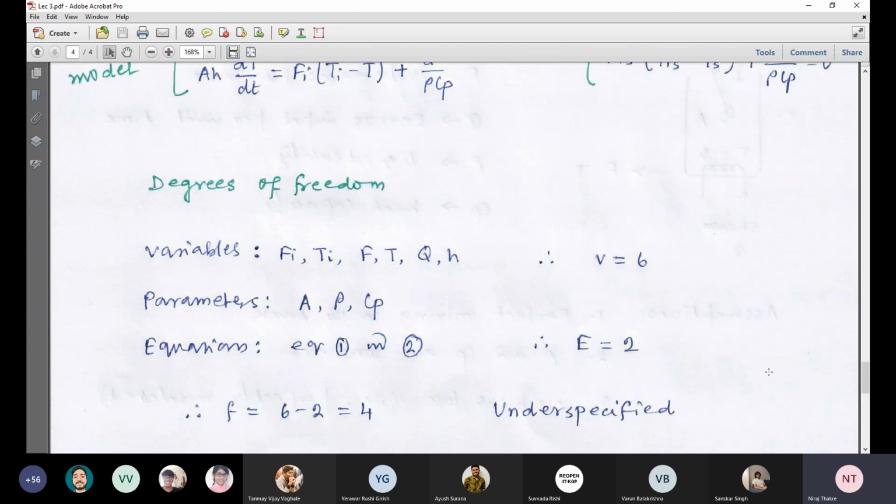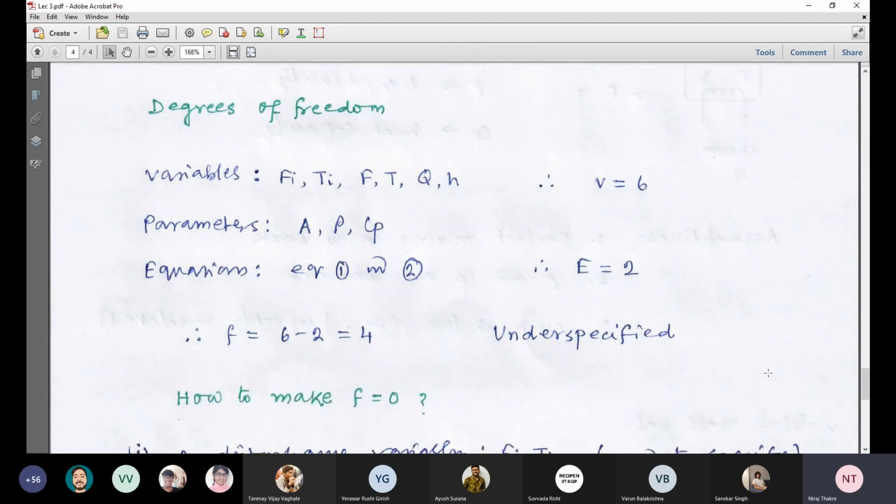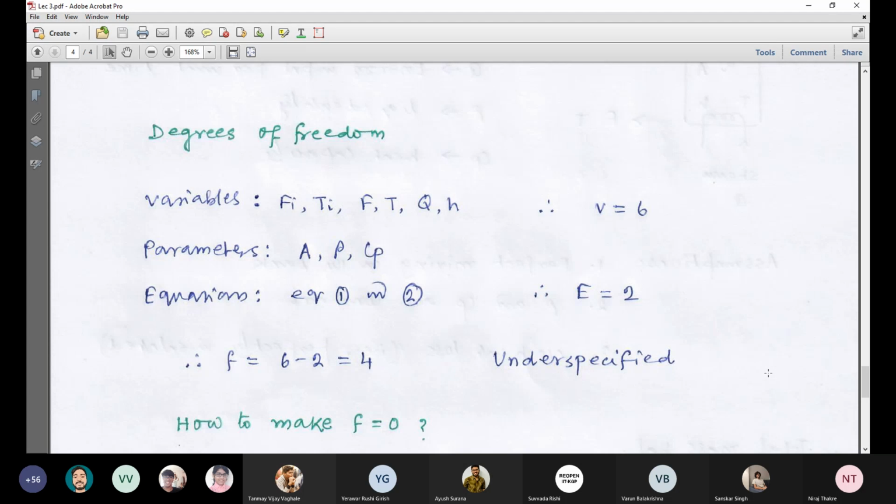Now, how to make it completely specified? Let me ask, Sir, 100, just 1 minute, I am coming to you. 10013, Abharu Badri. Are you there? 10013.